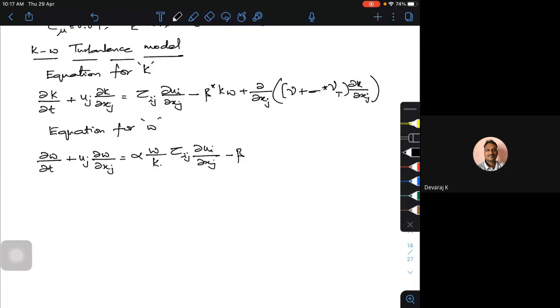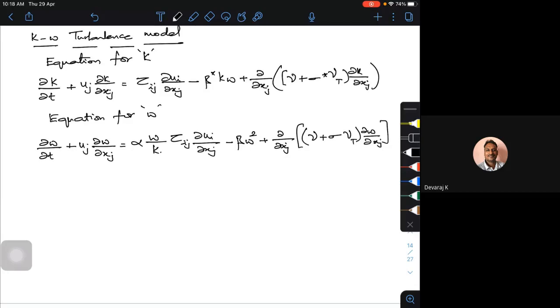Beta star is 0.09. So beta omega square plus dou by dou x_j into nu plus sigma into nu_t, into dou omega by dou x_j. So this is your equation for k and equation for omega.